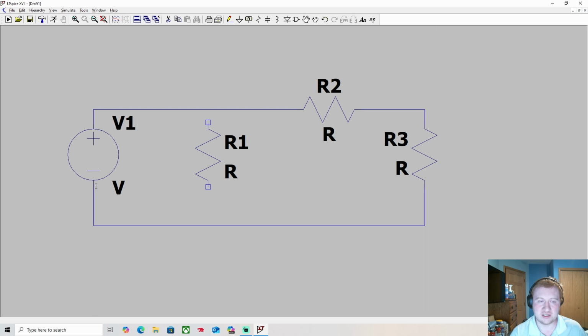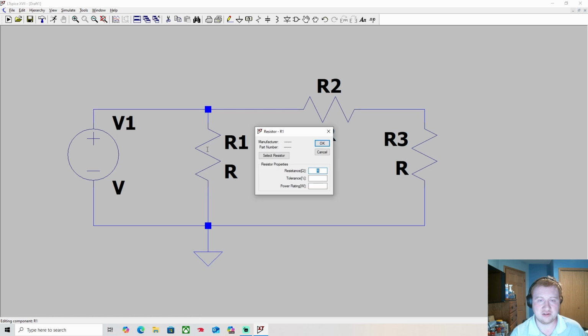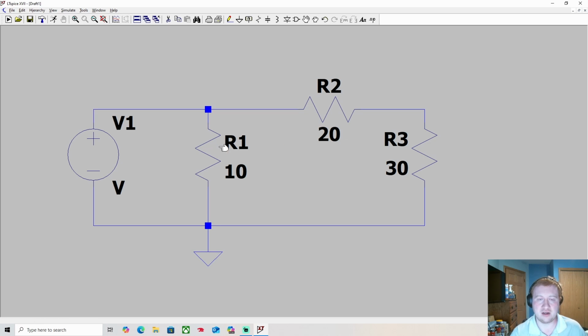I'm just going to have a simple resistor network. Let me give these values here. Technically this is a 10 ohm resistor in parallel with a 50 ohm resistor, because these are in series, so they just add up. I just didn't simplify it, so whatever.